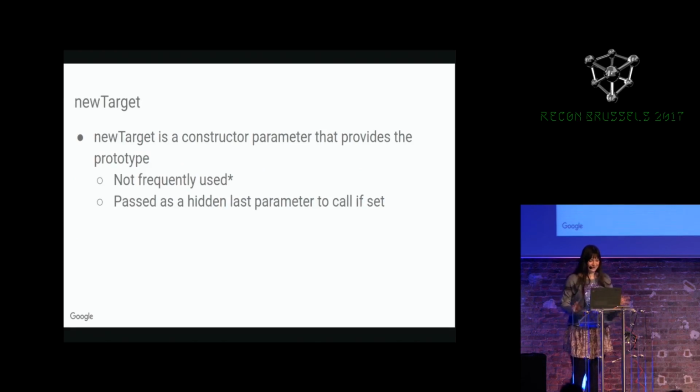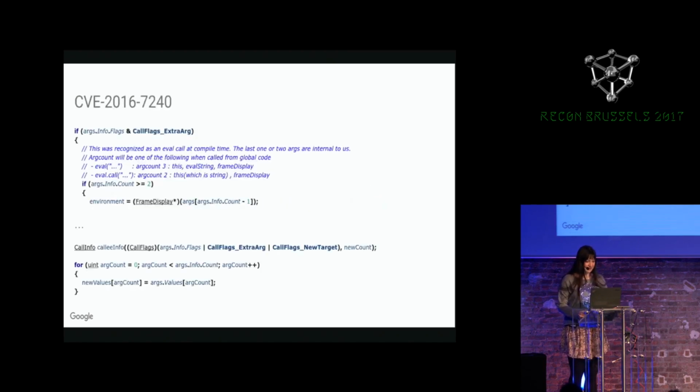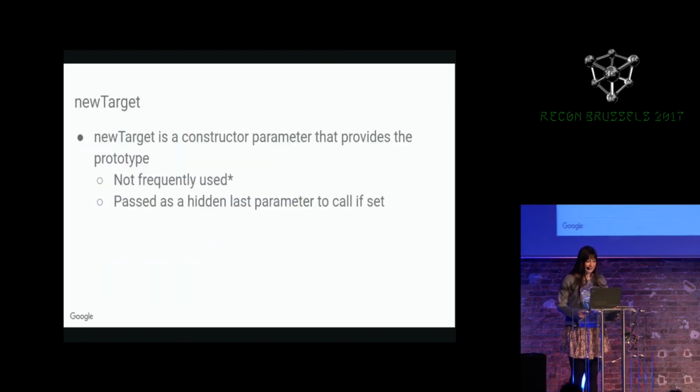Another fun feature of JavaScript is new target, and it's another kind of weird property. It's used for subclassing, but you can also just use it. I'm using reflect to create any object you want with any prototype you want, and it's not that frequently used. But what's interesting is they implemented it in Chakra so that if you have new target on a function, it's just an extra parameter.